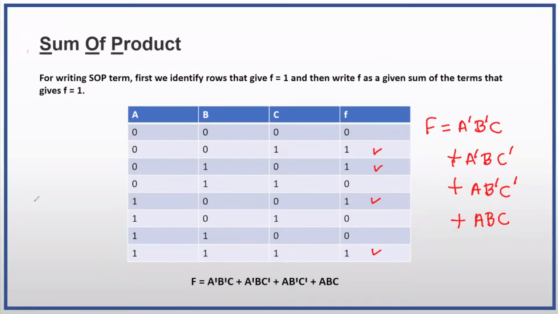I am writing it in the green color. So it is F equal to sigma. Before that I use the short term. Wait.